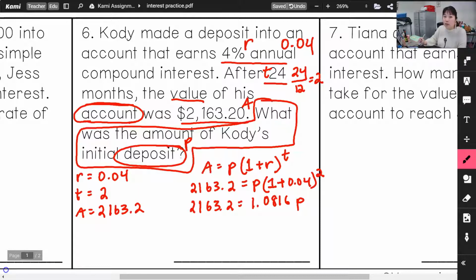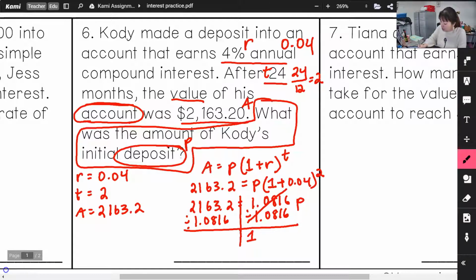It's stuck to the variable like this. Okay? Well now, hopefully you can remember how we get rid of it. Let's just divide. Divide on one side, we divide on this side too. So this turns into 1. So this would just be 1p, but remember when we have 1 as our coefficient, we don't have to write it. So this is just p equals this.